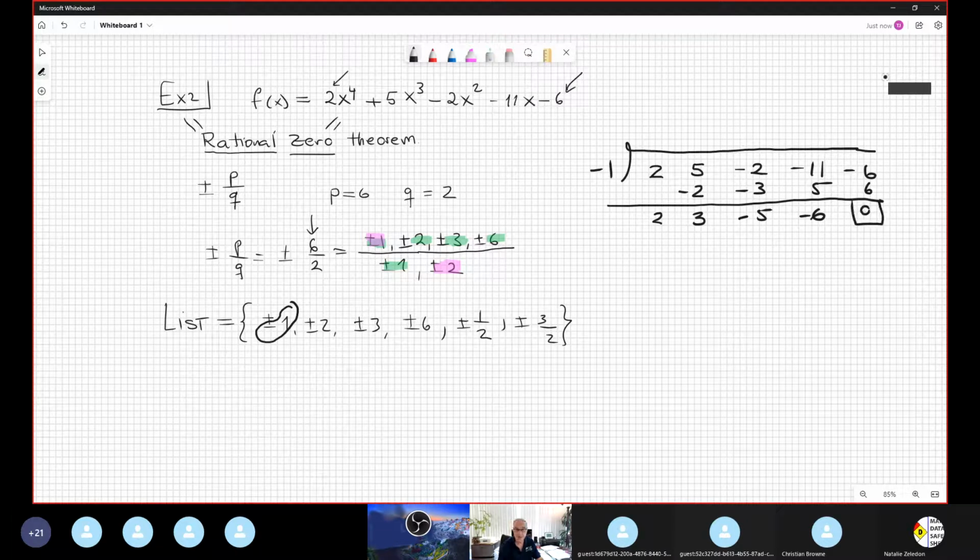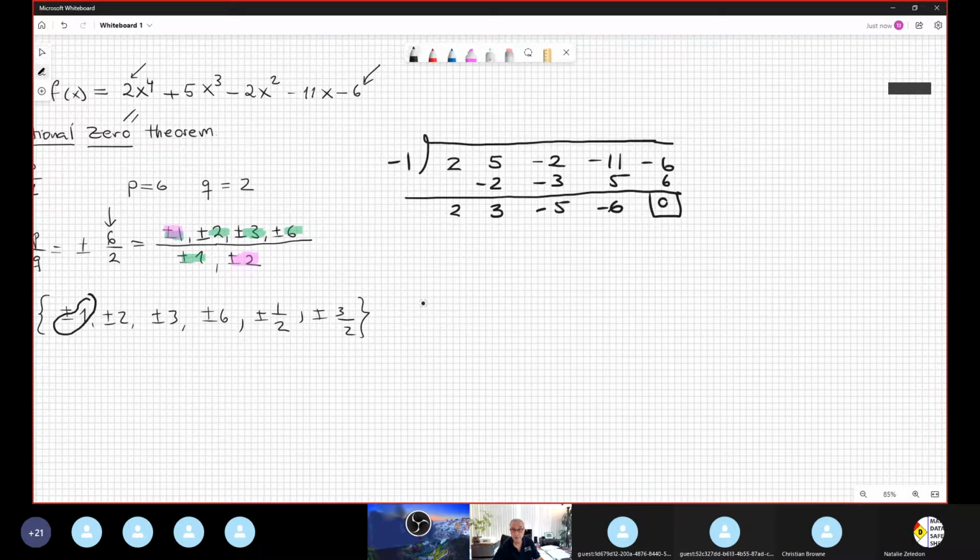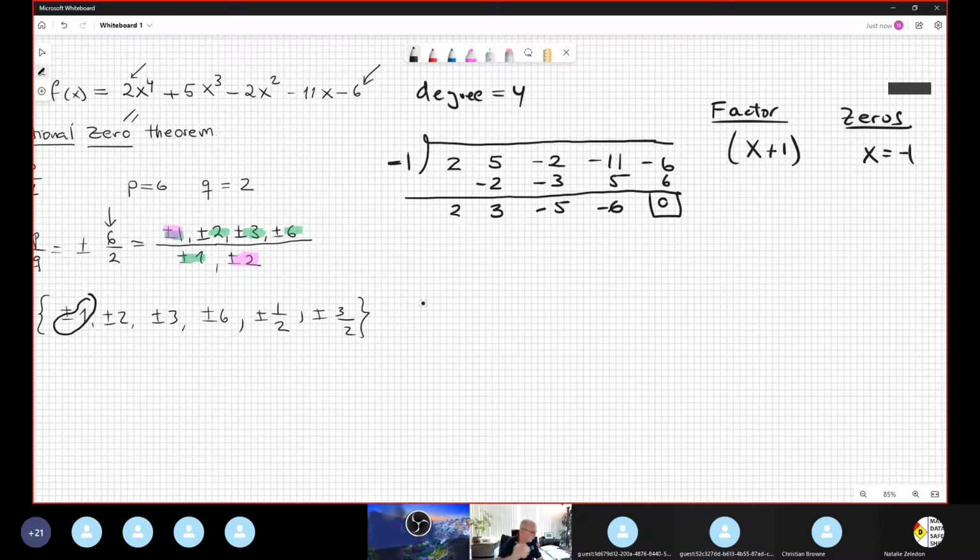That means I discover that the factor x plus 1 belongs to the polynomial. This is a factor, and this is a zero. Factor and zero are similar, no? It's x equals -1, which is exactly the number I put outside. Do you follow me? Of course, I don't finish because the degree is 4. I need to investigate.